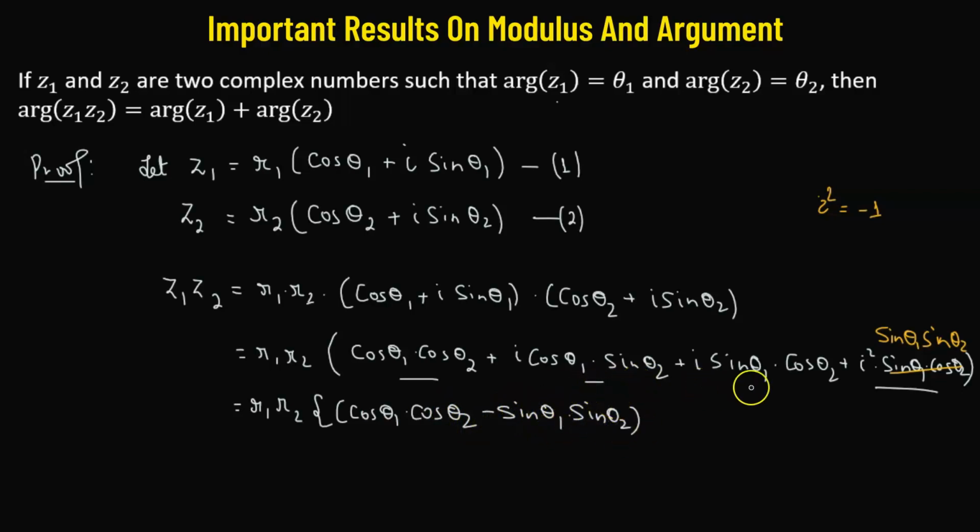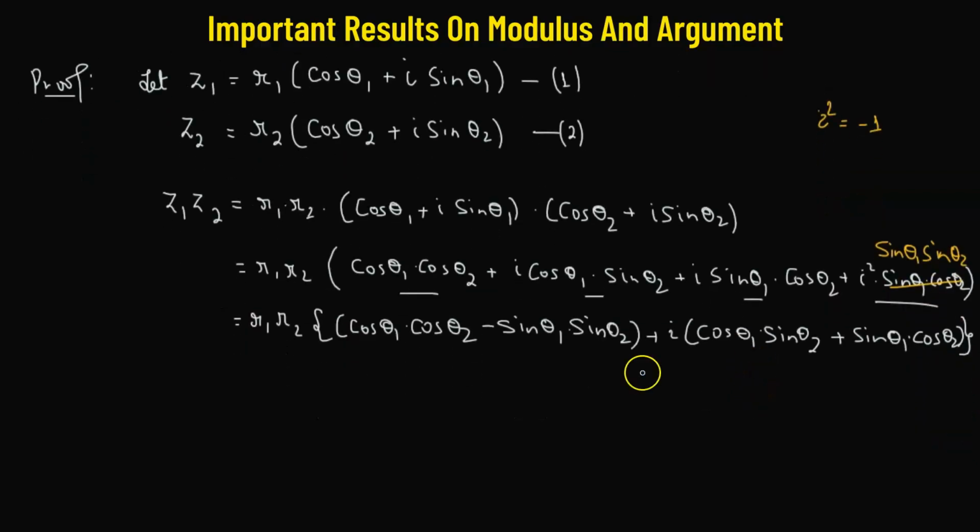From the second term and the third term, we can take iota as the common factor. So this will get multiplied to cosine theta 1 times sine theta 2 plus sine theta 1 times cosine theta 2. Right. Now, we have a standard form.